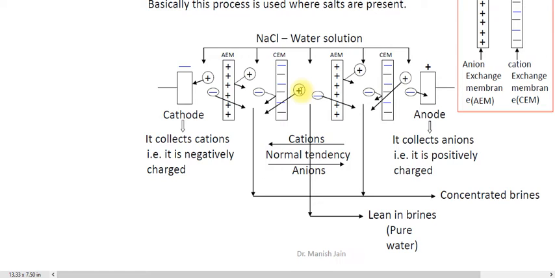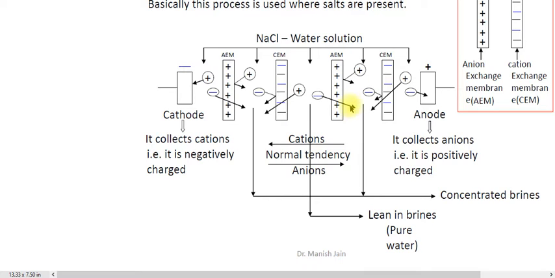So the Na positive ion will move towards the cathode through the cation exchange membrane, and similarly the Cl negative ion will move through the anion exchange membrane and come into this chamber.